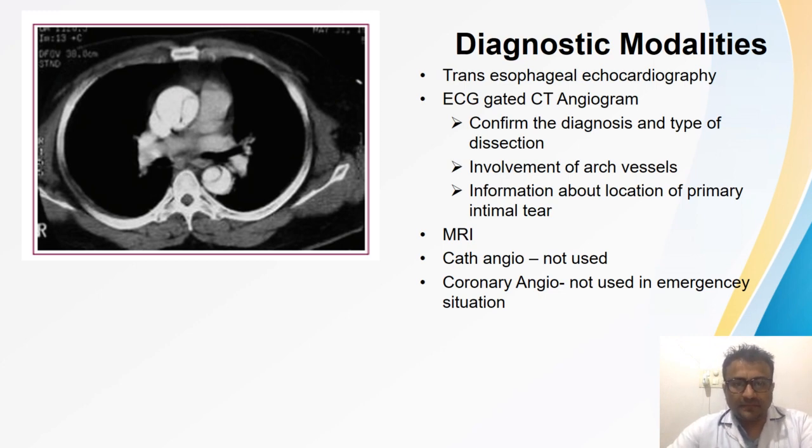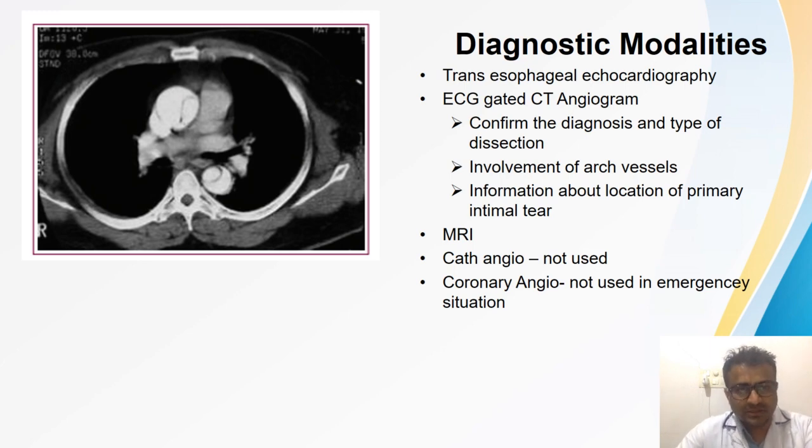Other available modality: ECG gated CT angiogram. You can see on the left side, CT can confirm the diagnosis of the aortic dissection with the diagnosis of the true lumen and the false lumen. It can also diagnose the type of dissection.